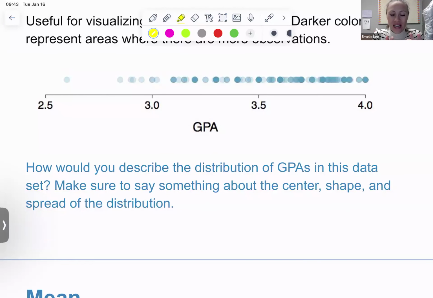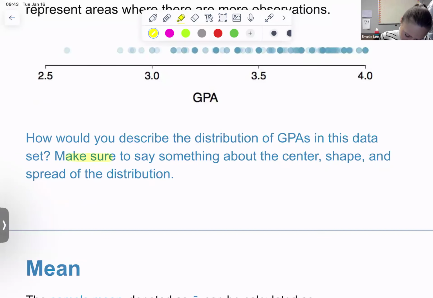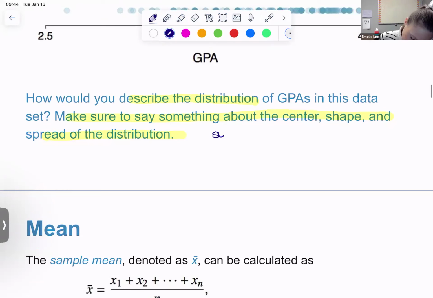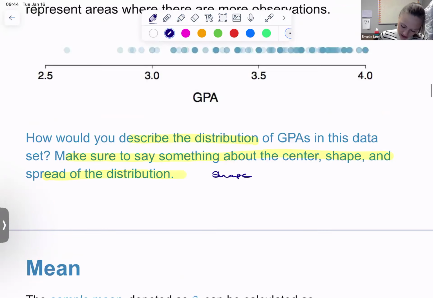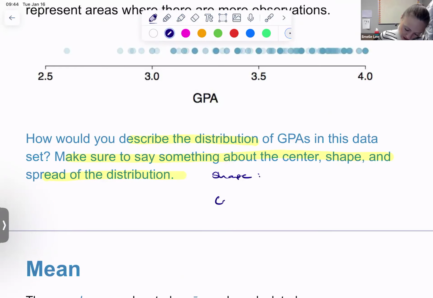Usually I do shape, center, spread, it just sounds better. So here, it's a little bit hard to tell. Shape, center, and spread is the order I do.